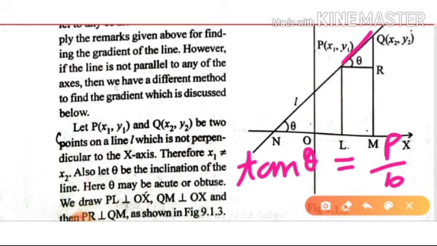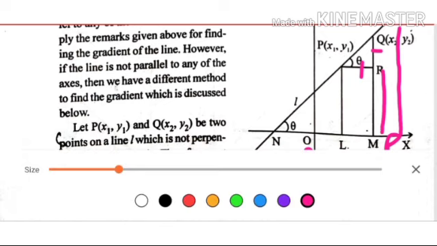For this triangle, perpendicular you can take as QR, and base you can take as PR. So QR will be from here to here it is y2, from here to here it is y1. So this part will be y2 minus y1.